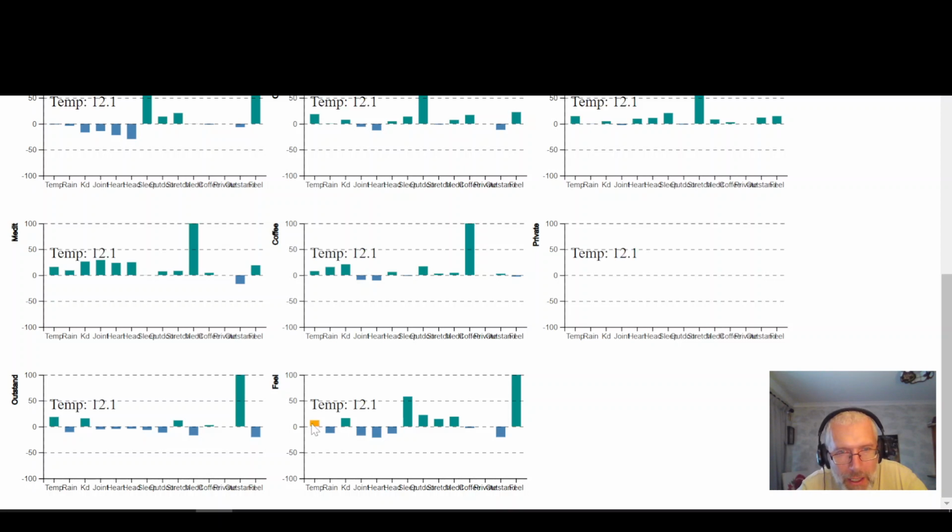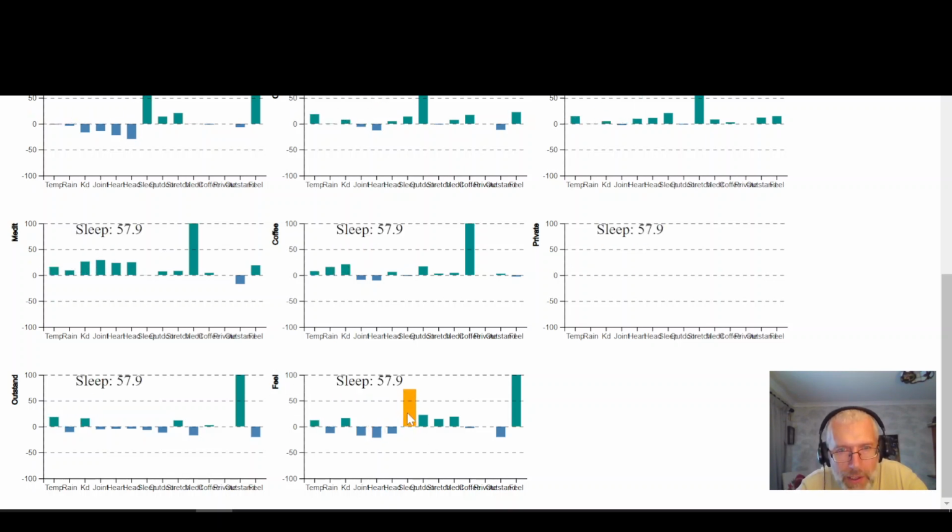And every bar represents the correlation between the indicator feel and the indicator given by this bar. For example, one of the bars which stands out in the correlations represents the indicator called sleep.